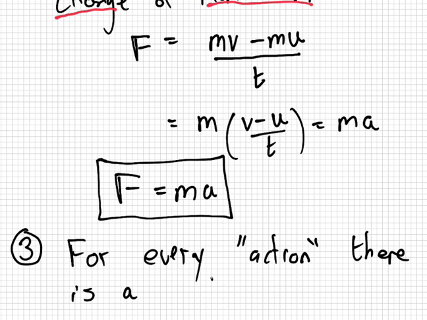For every action, there is a reaction. You can write that in. I'm just going to go with for every action, there is a reaction. We'll keep it simple. So in other words, if I do stuff, stuff should happen. Keep it simple.